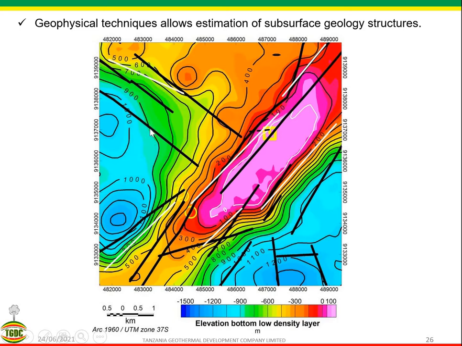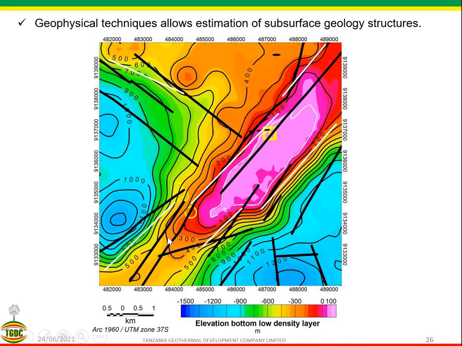These contour lines represent the thickness of the low density layer. White lines represent gravimetric lineaments derived from the analysis of the horizontal gradient of the residual Bouguer anomaly. But heavy black lines, this one, represent remote sensing lineaments that are likely controlled by the elevation variations of the low density layer.